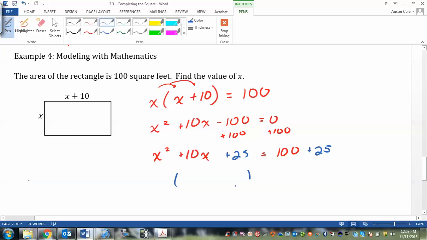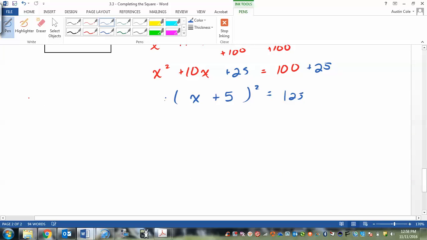Now this becomes x blank squared. What is that? Isn't that going to be plus 5? Plus 5 because it's half of 10. And this is going to equal 125. And now we're going to square root both sides.